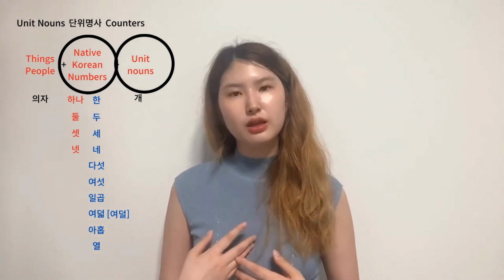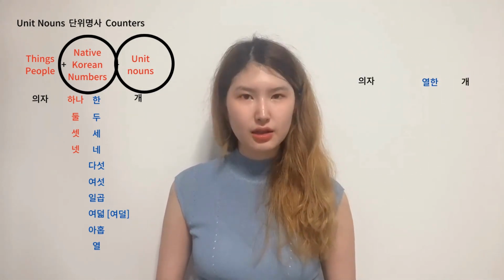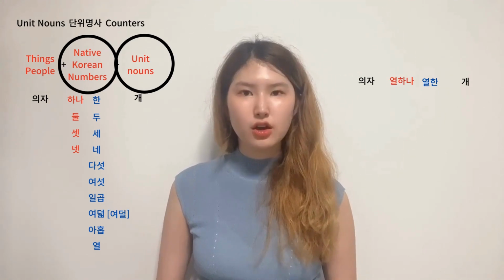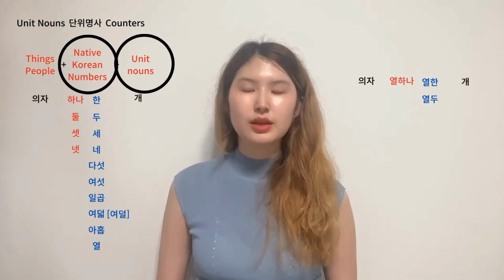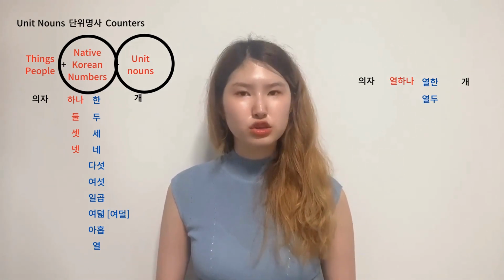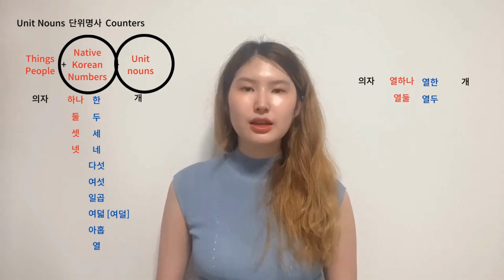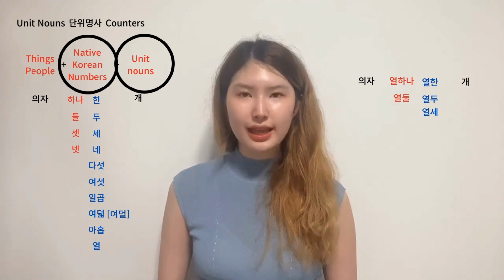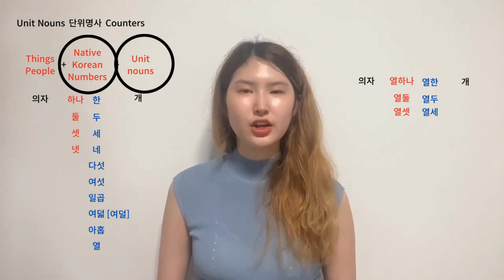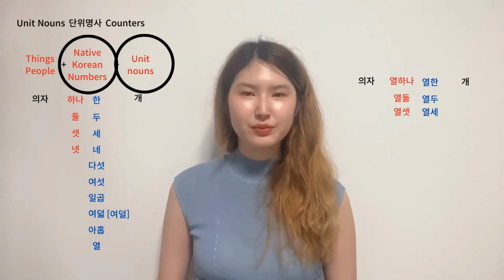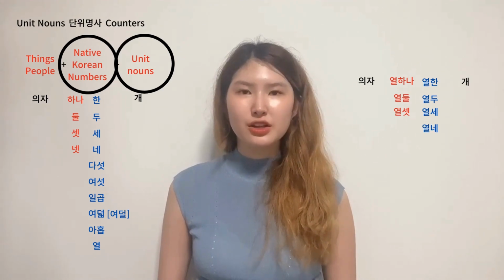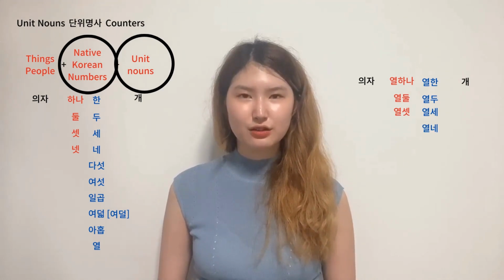So it would be 열한 개 instead of 열하나 개. It would be 열두 개 instead of 열둘 개. It would be 열세 개 instead of 열셋 개. It would be 열네 개 instead of 열넷 개.